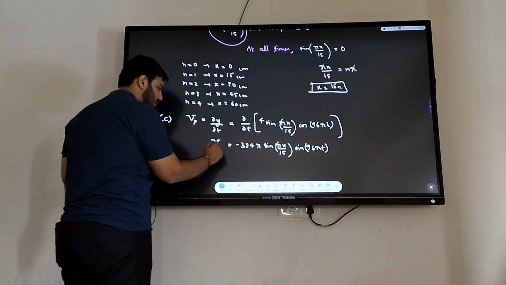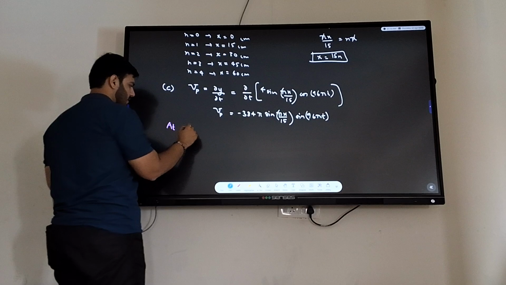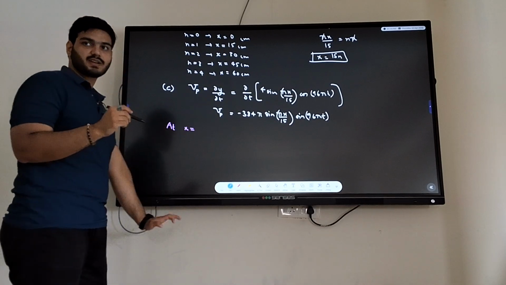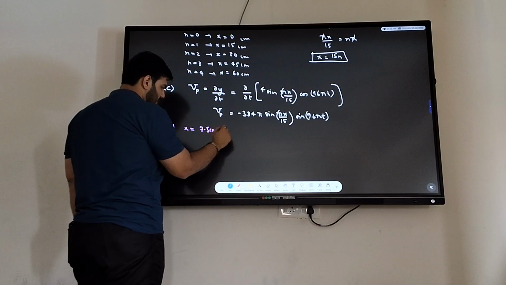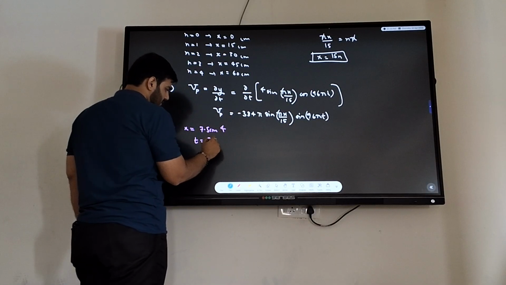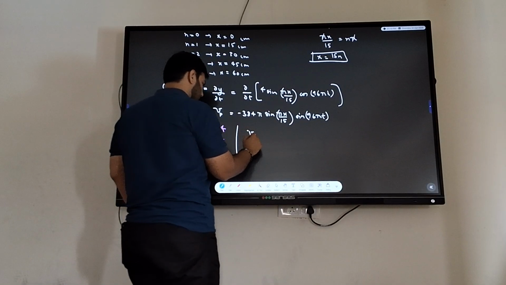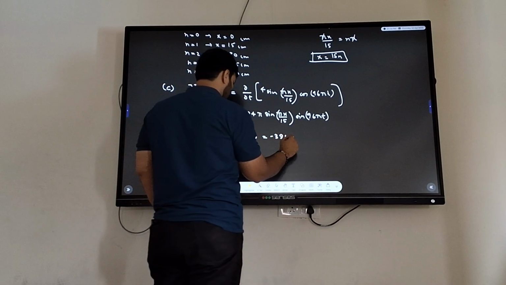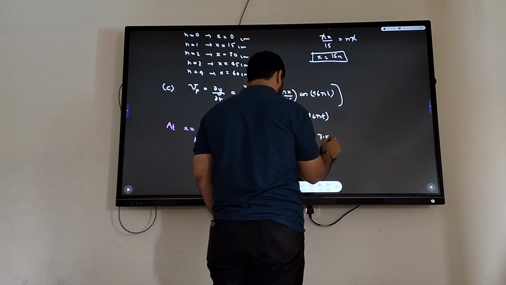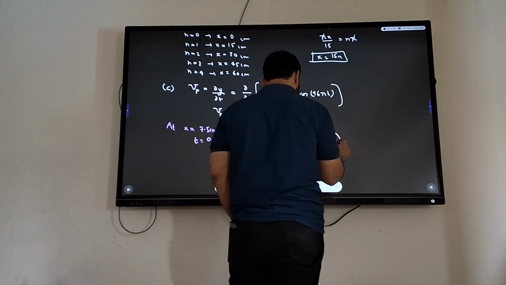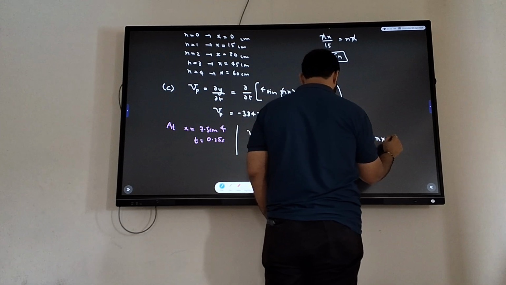But now they are asking to find the velocity of the particle at given position and given time. And what is the position given to be? What is the position given? 7.5 centimeter, and time is 0.25 seconds. Okay, then Vp is equal to 7.5 pi divided by 15 sine of 96 pi into 0.25.